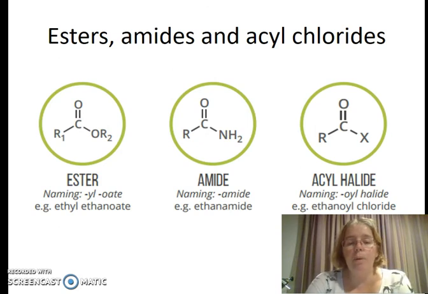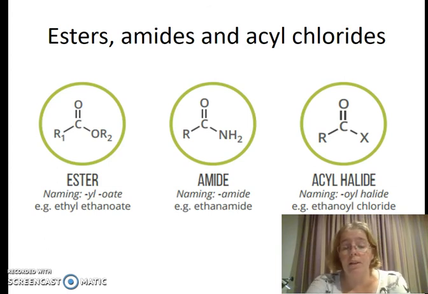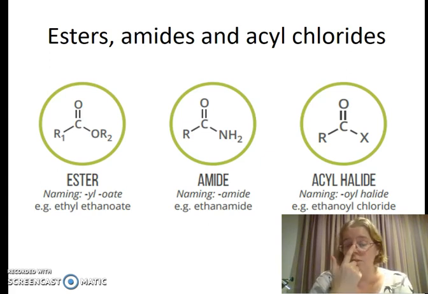Moving to the left, we have our amides, and amides are quite similar to amines. They're kind of like a cross between a carboxylic acid and an amine in some respects. So we have our carbonyl group, which is attached to a nitrogen, which could be attached to 0 or 1 or 2 hydrogens. If it's attached to no hydrogens, then there are 2 carbon chains coming off the nitrogen.